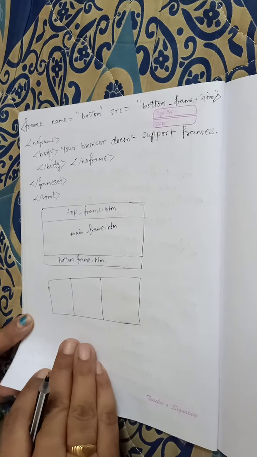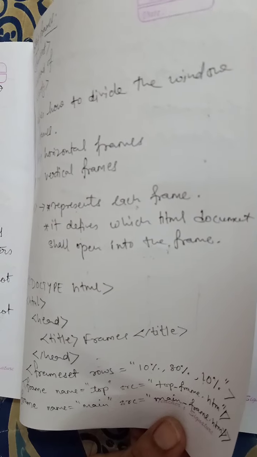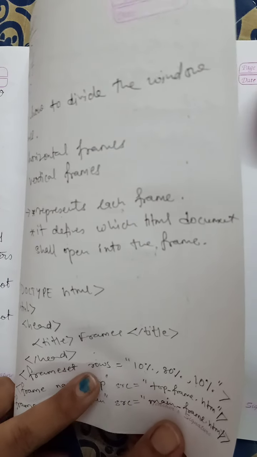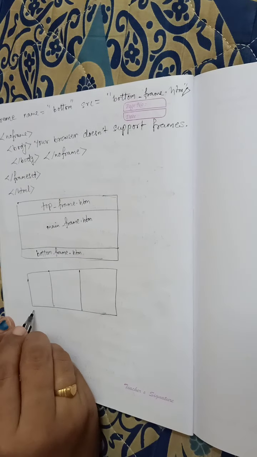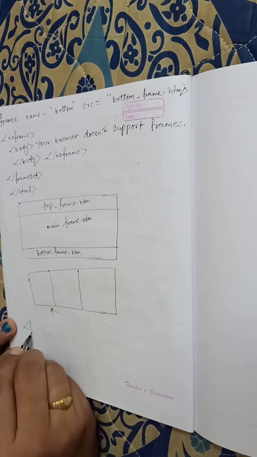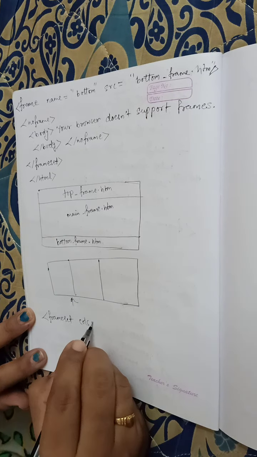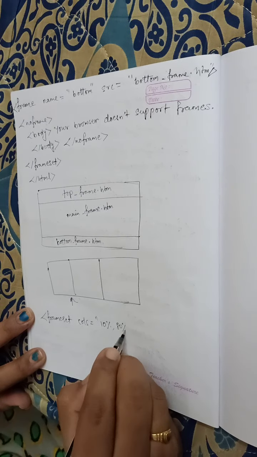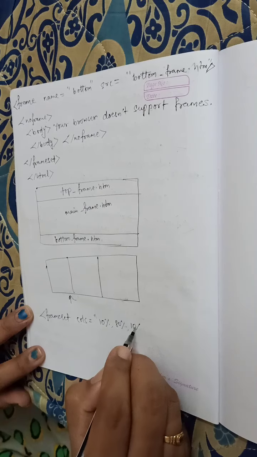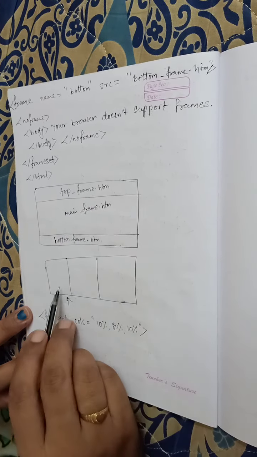In that case, everything remaining the same, I will only mention columns instead of rows, that is frameset, columns, and then the percentages. So for this I will mention frameset, columns, then 10%, 80%, and 10%. Accordingly, there will be a division.